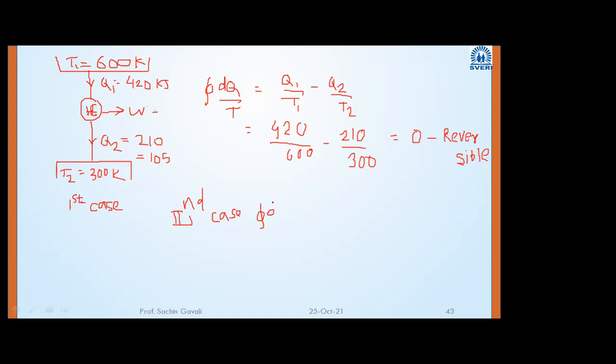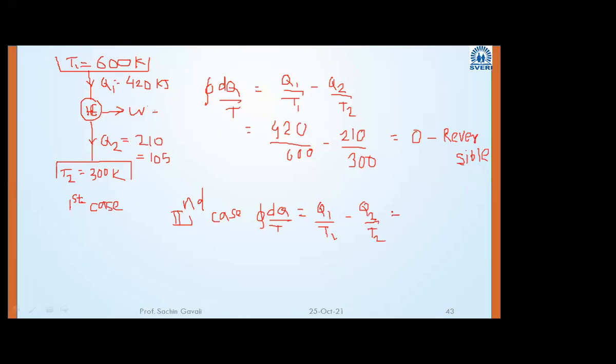Again it is Q1 divided by T1 minus Q2 divided by T2.